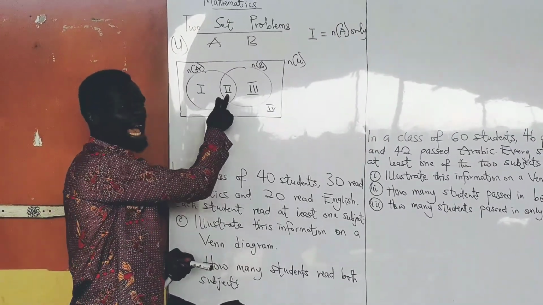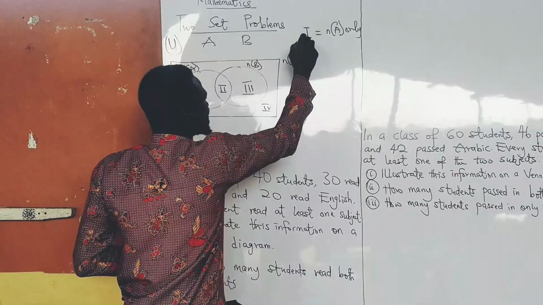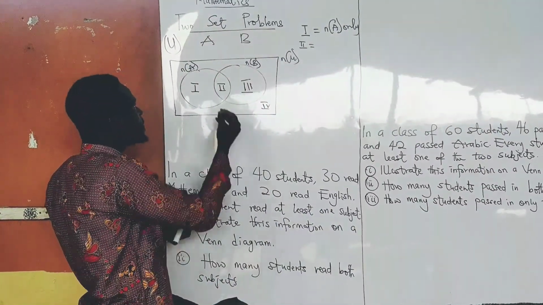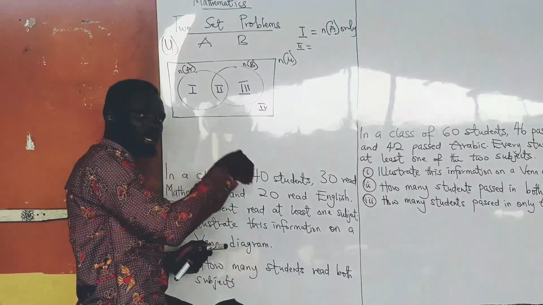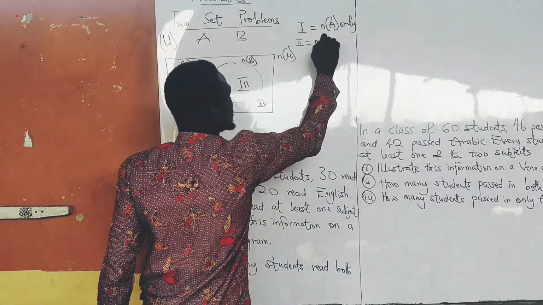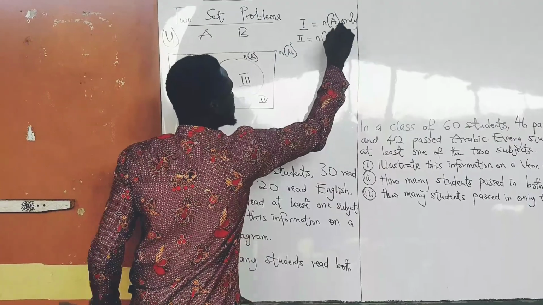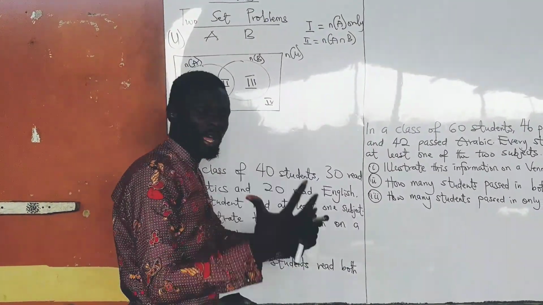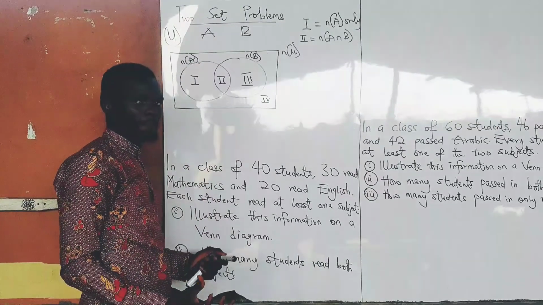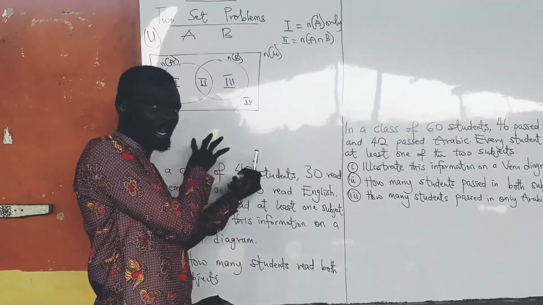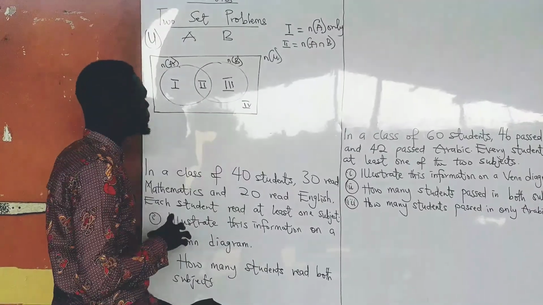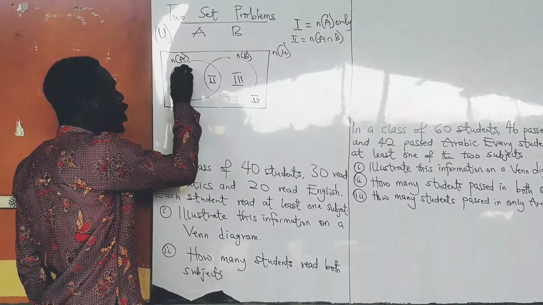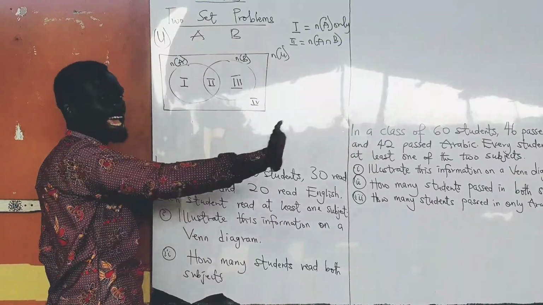Then we have region II, which is the intersection of A and B, the elements that can be found in A and at the same time in B. So I have this as the number of A intersection B. This was used more when we were introduced to sets in Form 1, based on the old curriculum or syllabus. Region I is A only, which means it belongs only to this set, and B is excluded.